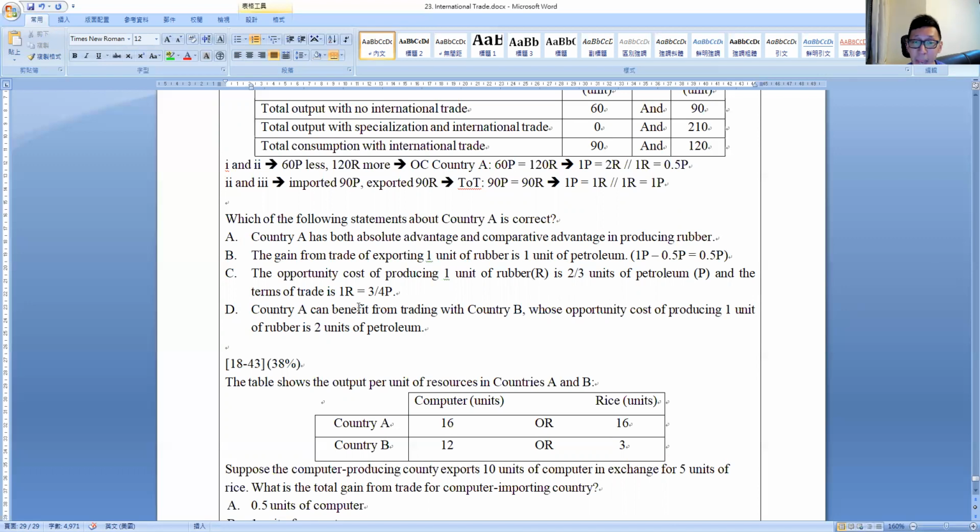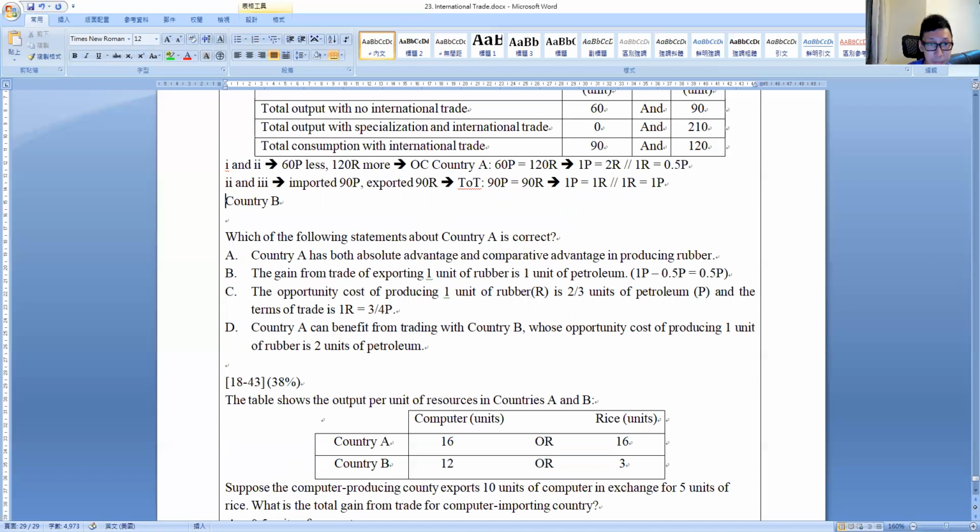Country A would benefit from trading with country B, whose opportunity cost is 1 to 2P. Let's see. If country B is 1 to 2P, then what happens to the range of possible terms of trade?